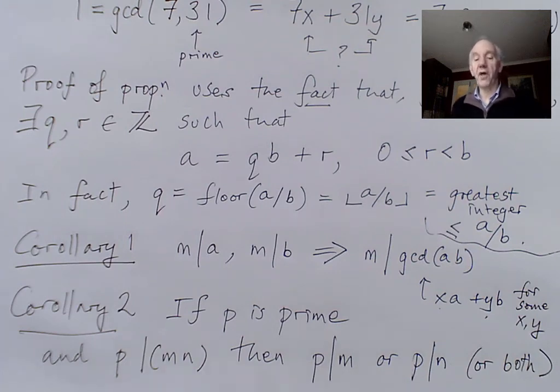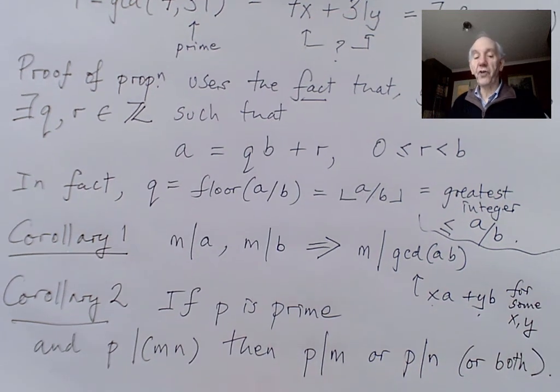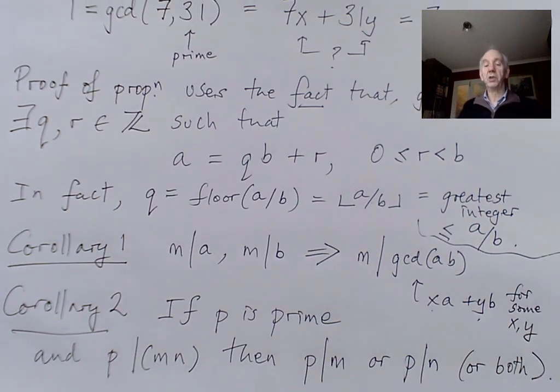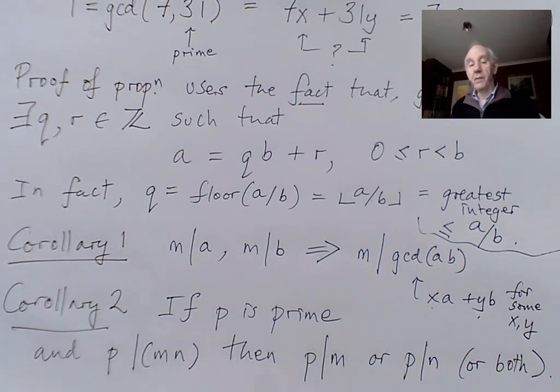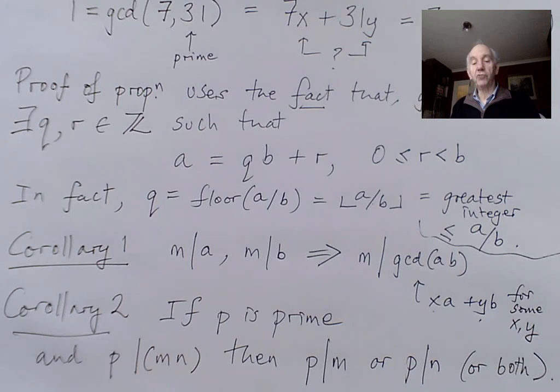Now, you can prove that using the definitions that we've been talking about without discussing prime factorization. Of course, what this is really telling you is that p being prime means that it has no non-trivial factors. If it did, we could split the factors and have some dividing m and some dividing n, but we can't do that because p is prime.